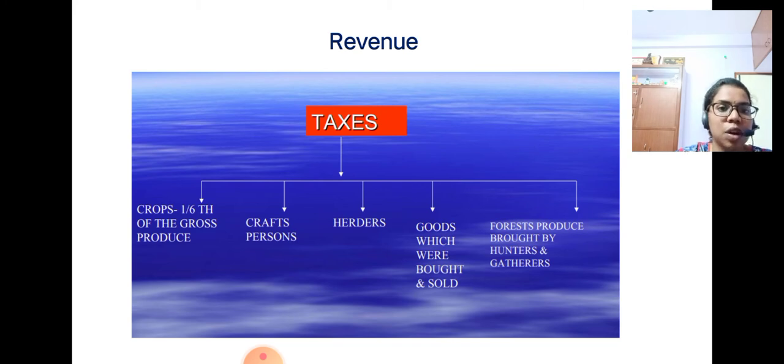First one, crops. For crops, 1/6 of the gross produce. Next, they collected the taxes from craft persons, herders, goods which were bought and sold, forest produce brought by hunters and gatherers.